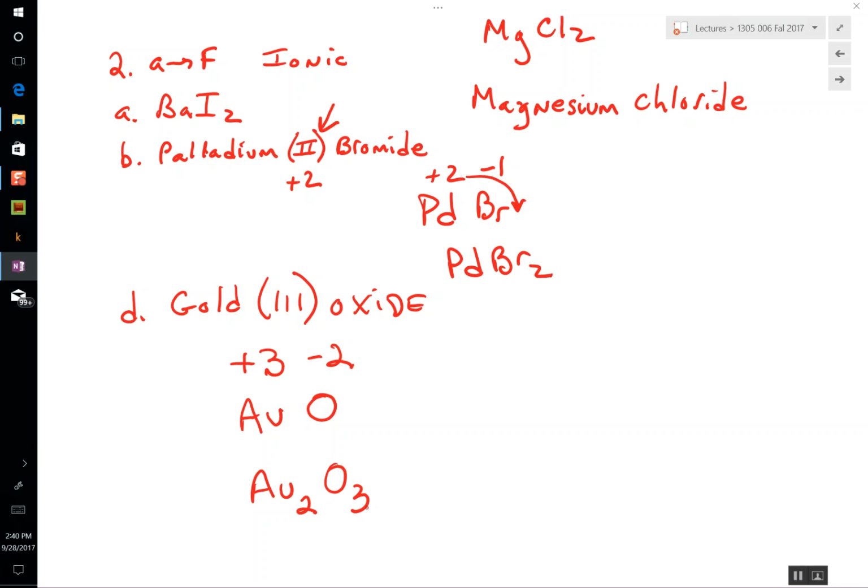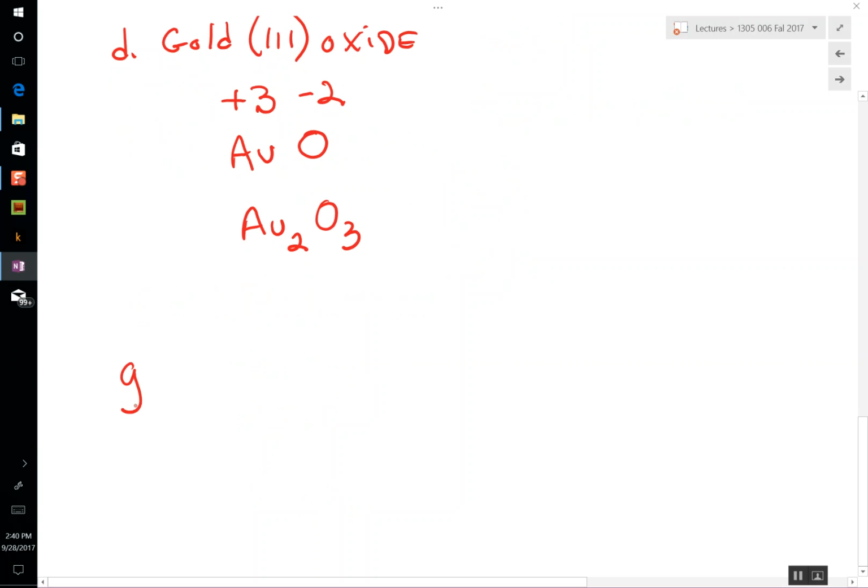Copper 1 sulfide, lead 4 oxide. I'll leave some of those there for you. Well, let's just do G. What's the formula for G? Okay, sulfur hexafluoride.